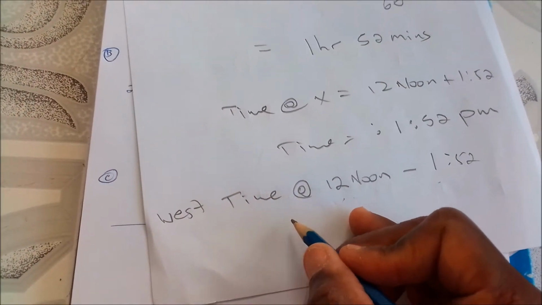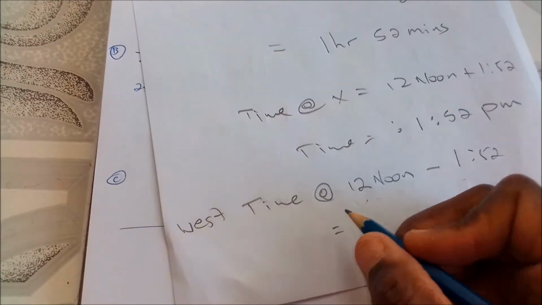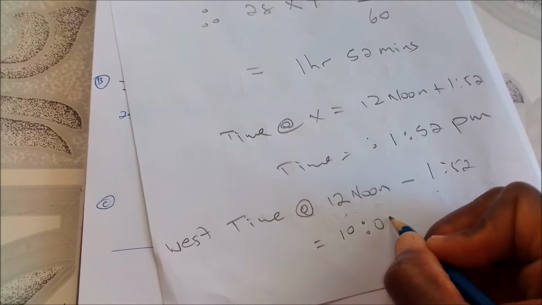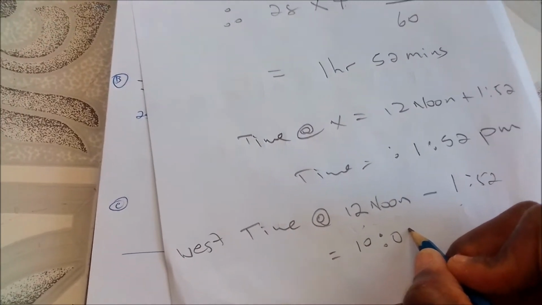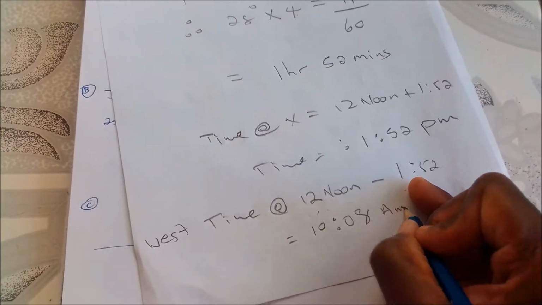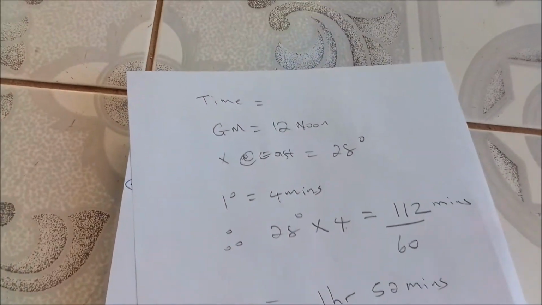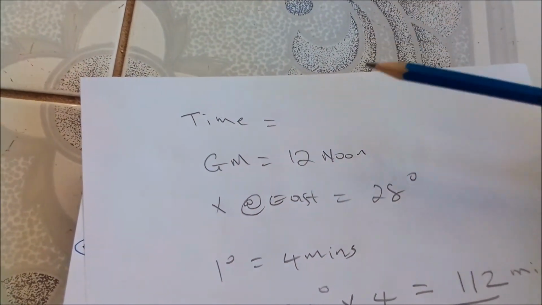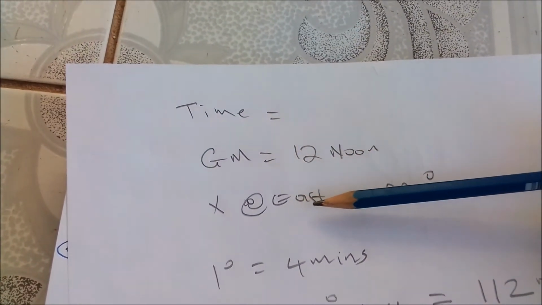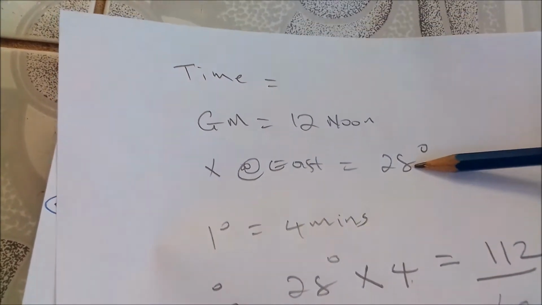So therefore time at X would be 10:08 a.m. Okay, so this is how I would calculate it, calculating at 12 noon, moving east at 28 degrees.